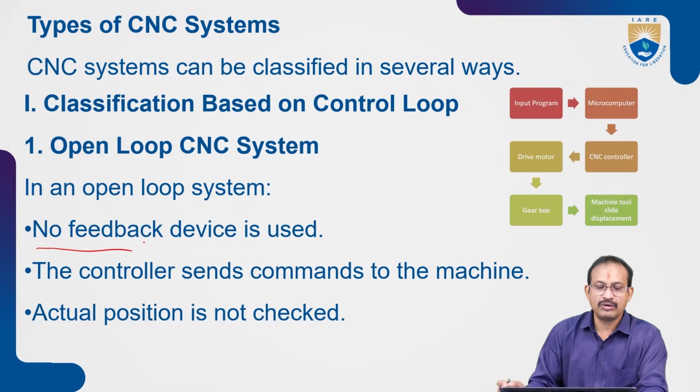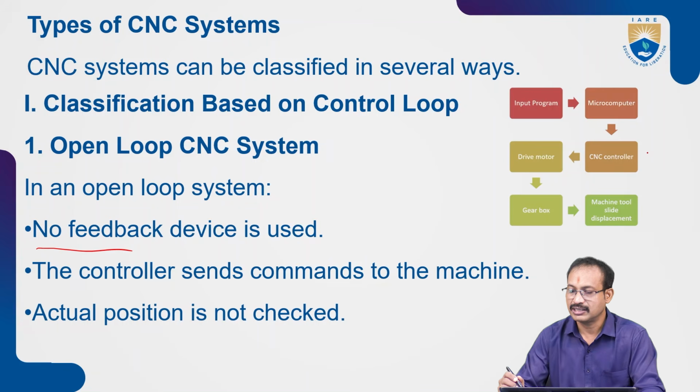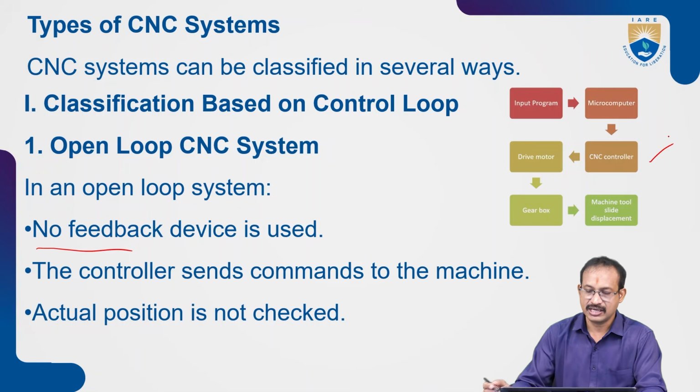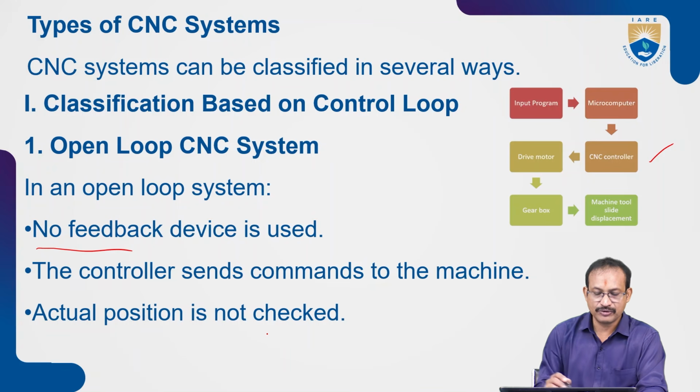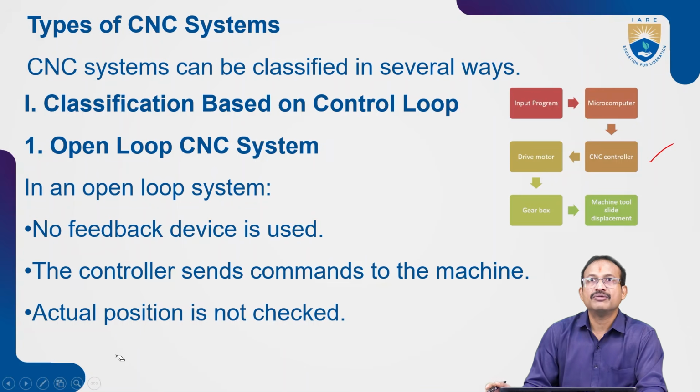The controller sends commands to the machine tool through the drive motor and gearbox system. The actual position is not checked in the open loop system.